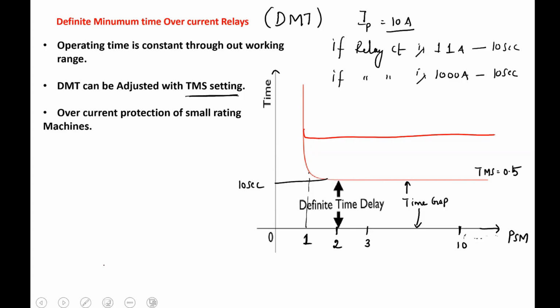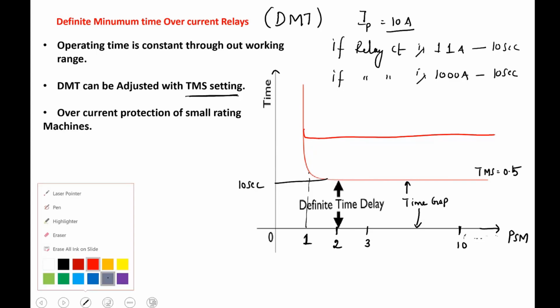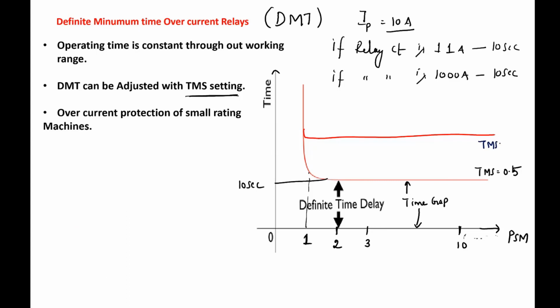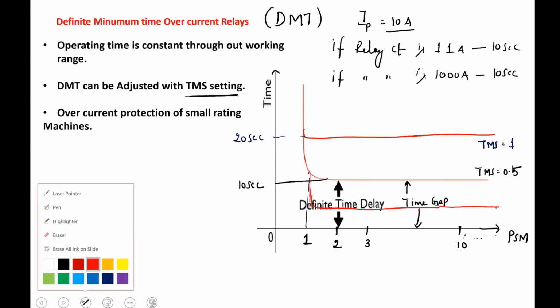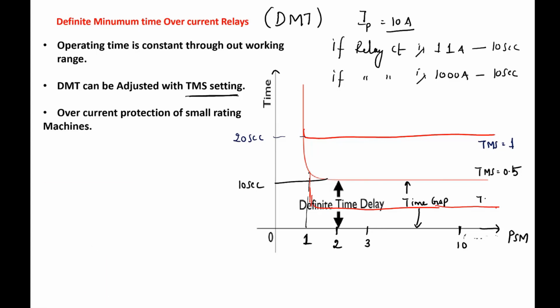So for TMS equal to 1, the operating time will become 20 seconds. So likewise, by increasing or decreasing the TMS value, you can change that constant minimum time. For example, if the TMS equals 0.25, then operating time will become 5 seconds. So here the TMS feature is there. With that, you can keep on adjusting your minimum time.